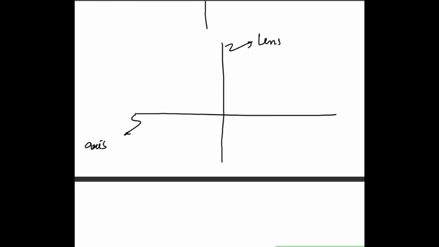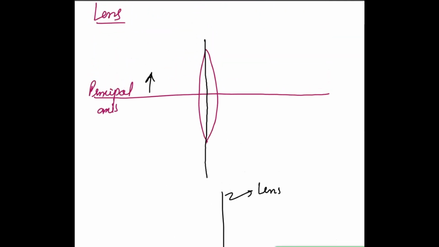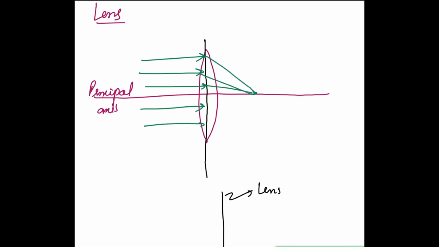The principal axis does not exist in real life. It is just a reference line where we place the object like this. This is a converging lens. Wherever the light rays are going to focus after crossing the lens, let's say this is that point where they focus or converge.